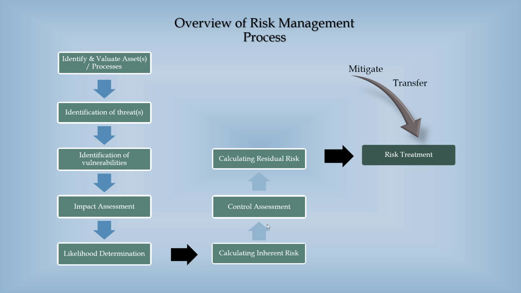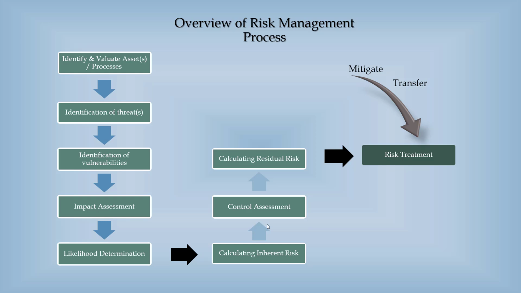Transfer. Now, the best example of transferring a particular risk would be insurance. For instance, when you buy a car, it's good to get it insured, because when it gets stolen or a major loss or accident happens, the insurance company takes the financial hit to an extent, which allows you to have the least possible financial impact.